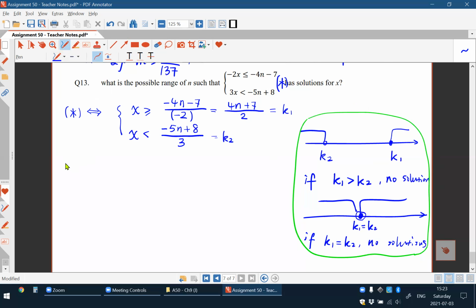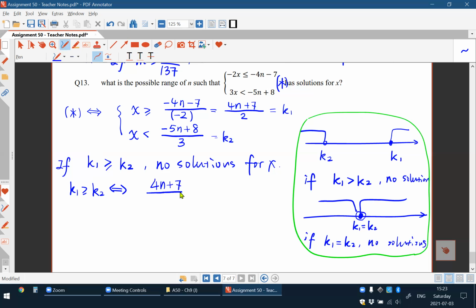And on your worksheet, you can write: if K1 is greater than or equal to K2, no solutions for x, right?